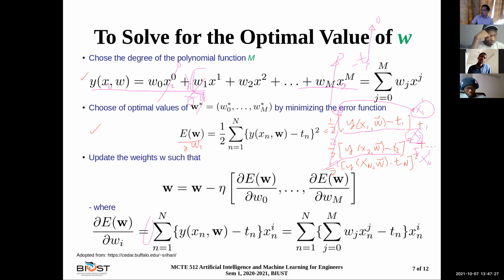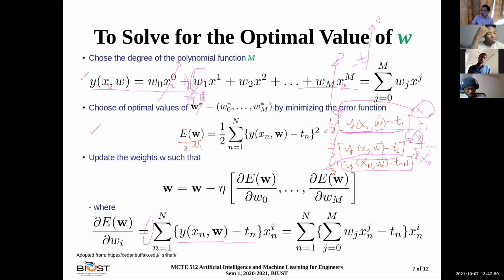Then we repeat this, the summation of all the same thing: the summation of this minus the t, multiplied by x1.